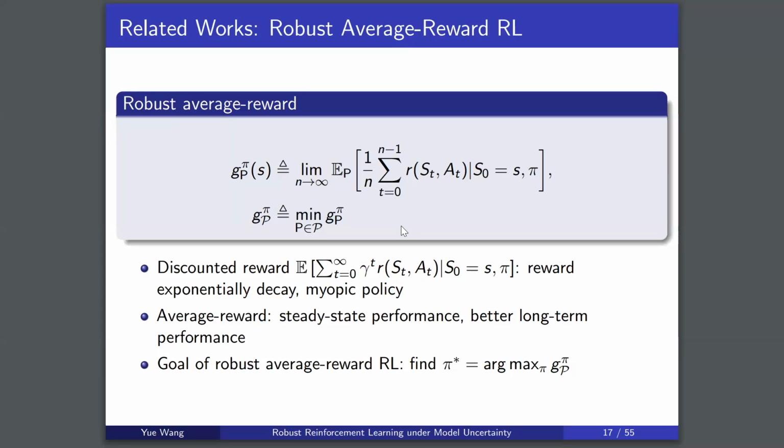So under the discounted setting, long-term performance is not as important as short-term performance, which may lead to a myopic policy. In contrast, the average reward setting considers the steady-state performance, and hence it will lead to better long-term performance when the system operates for an extended period and makes the system more stable.